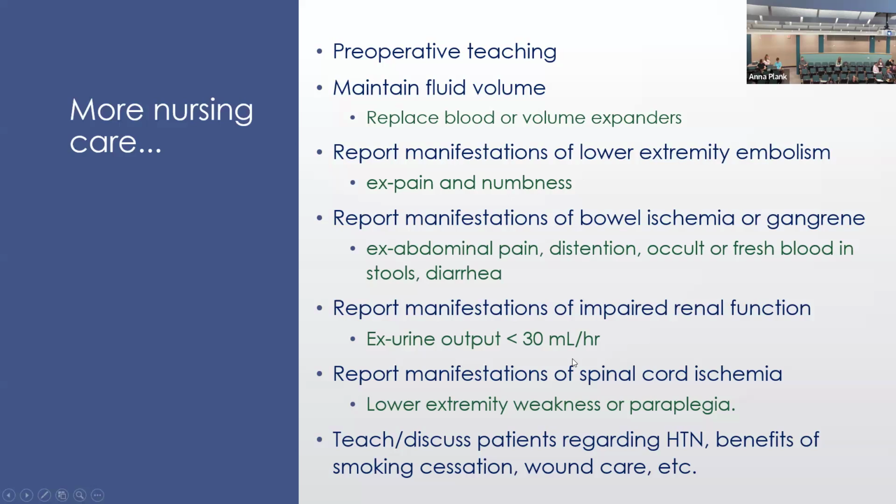We've gotta make sure we're checking the feet, we're checking for pulses. Because it does feed the bowel, we wanna make sure we're checking for any type of GI bleed, urine output. And then we have to make sure that they understand, just like the heart patients, we gotta change the diet, gotta watch the blood pressure, get your blood sugar under control, quit smoking. All of that teaching that we've been doing over and over.